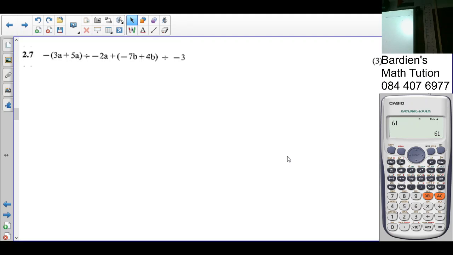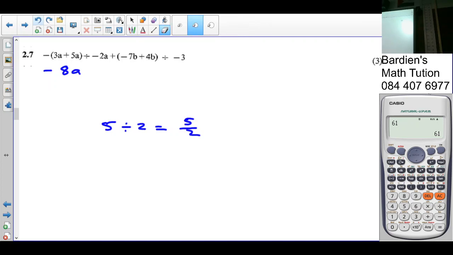27. What must be done first? Do we have like terms inside the brackets? Yes. Can you see that? So that's going to be negative. What is 3a plus 5a? 8a. So if we got 5 divided by 2, that also can be written as 5 over 2. Not so?